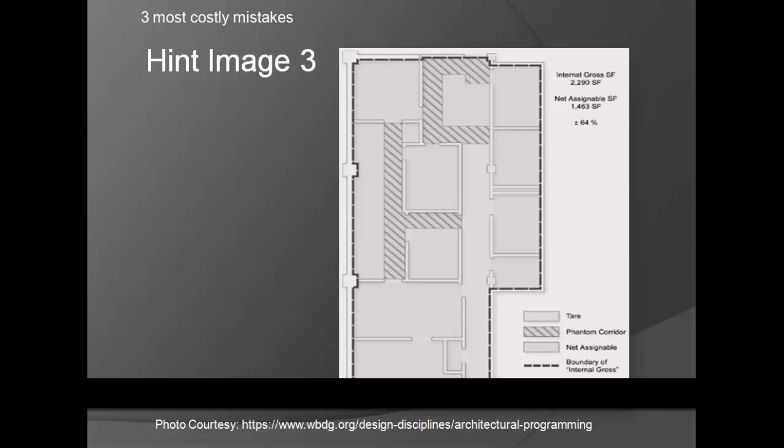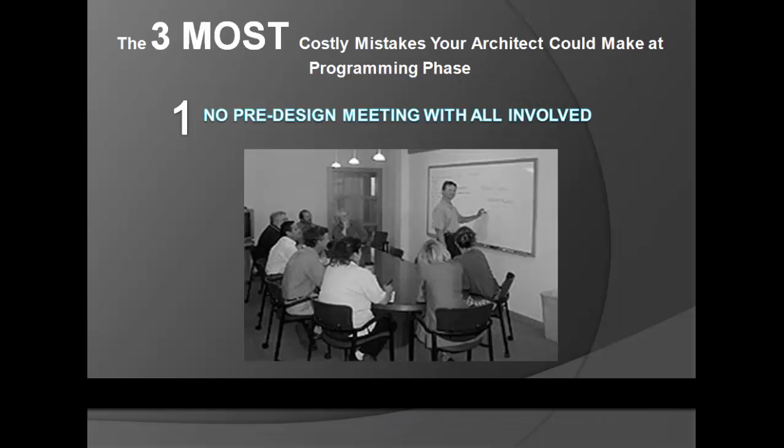Now let's go back to number one. Here we see the number one mistake that should be avoided at all costs. It is that there is no pre-design meeting with all people involved in the design decision making.